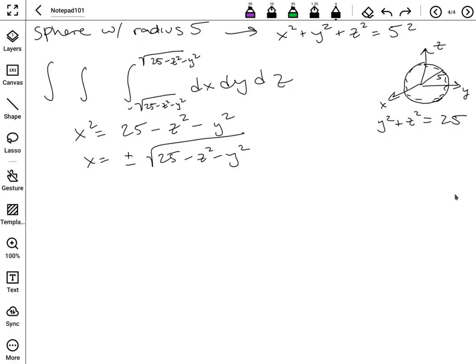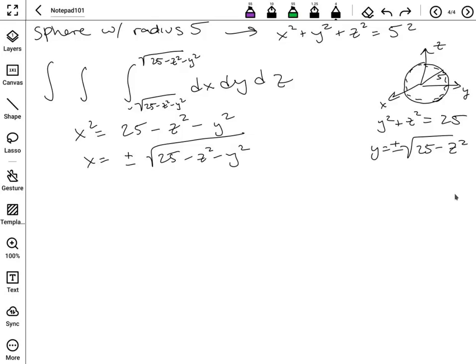Or if I'm ever in doubt about what to do, after I've got my first bounds, when I'm moving out, all I do is set my upper and lower bounds equal and see what happens. So this approach would give me that y is root 25 minus z squared, and it has positive or negative branches.